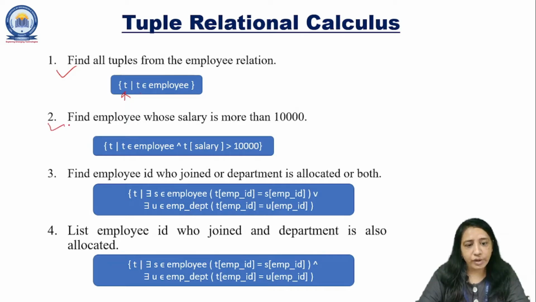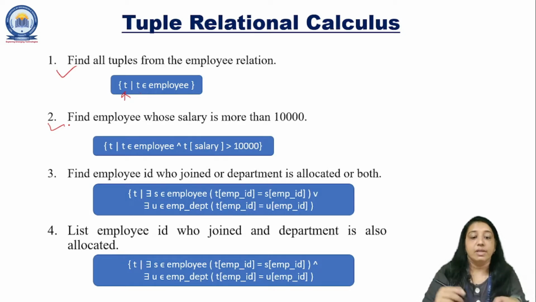The next one is to find the employees whose salary is more than 10,000. Now some condition is here. So how to write that? {T | T ∈ employee and T[salary] > 10000}.